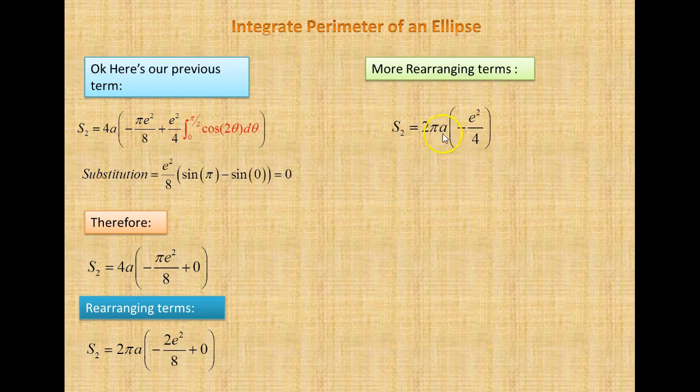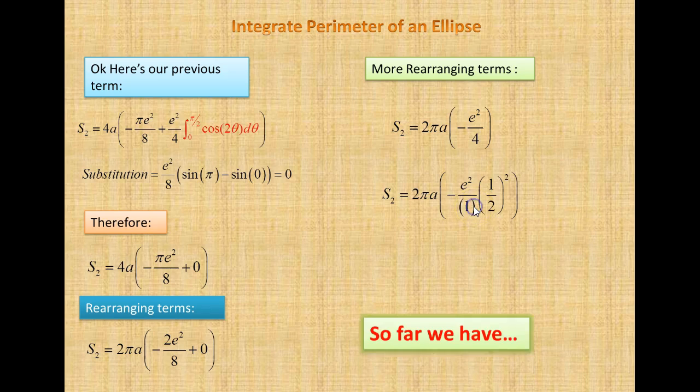Rearranging more terms, we get 2 pi times a times minus e squared over 4. Now we take 4, which is 1 over 4, which is 1/2 squared, and we put 1 over e. We move the terms around. We're rearranging terms to develop this pattern, okay?